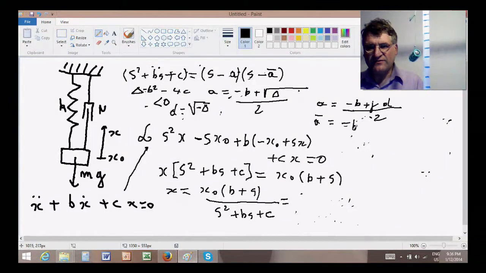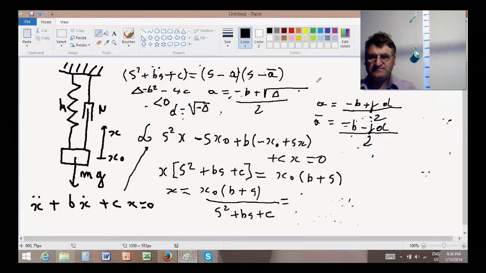and a bar is minus b. Sorry, the minus is in front of here. Minus b minus j d divided by 2. Okay?